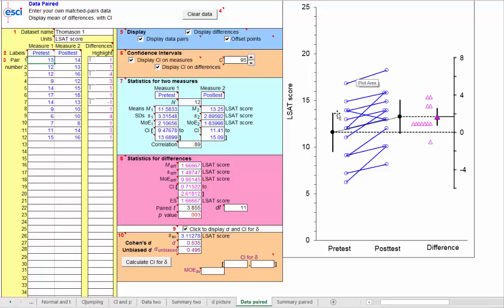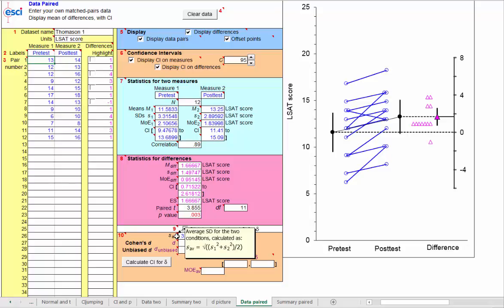And we could estimate that population standard deviation with our pre-test standard deviation or our post-test standard deviation. In fact, we use an average of the two down here as S av, and there's the formula there in this pop-out.